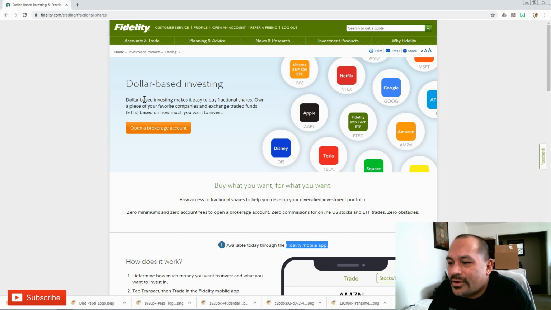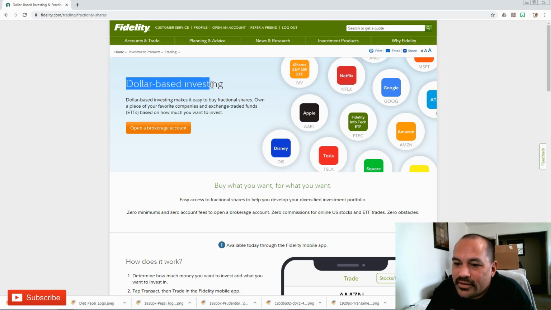M1 Finance, I think, is great if you have an ETF portfolio, a long-term ETF portfolio. If you're buying single stocks like I have been, that is not the strength of M1 Finance. The ETF portfolio is the strength of M1 Finance. The very long-term investor is the strength of M1 Finance.